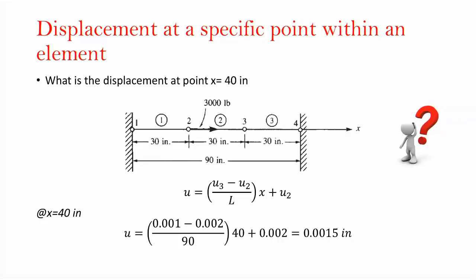We are interested in the displacement at location x equals 40, that's why we substitute x with 40 inch. But this formula is only for this part of the bar, just between node number 2 and node number 3, within element number 2.